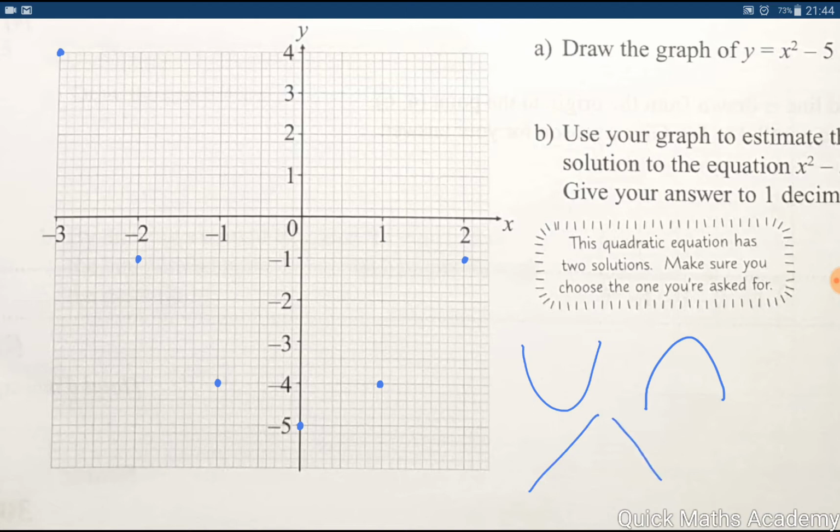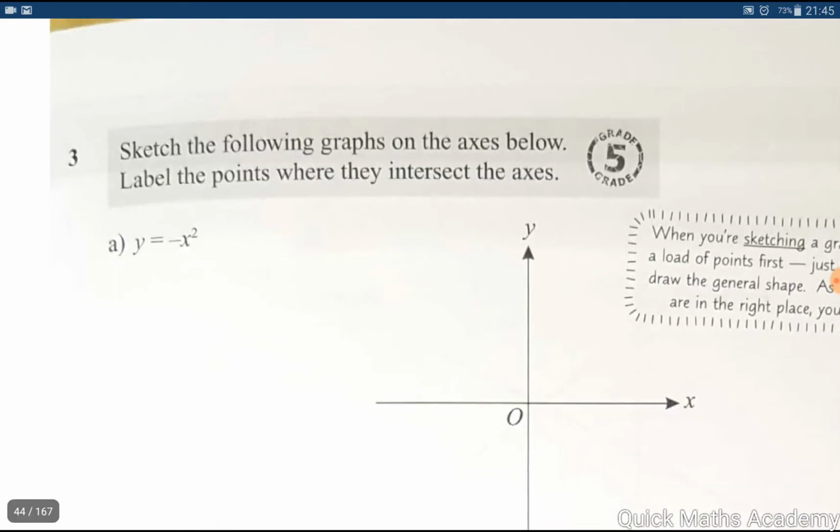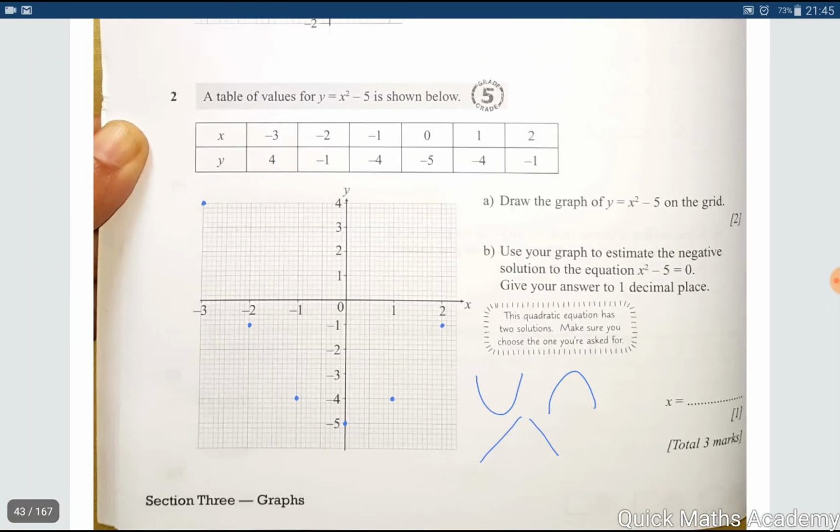That will be completely wrong. The examiner will know that you don't know what a quadratic equation is and what the shape of the curve is. So you always gotta do this concave shape. Okay, let me just wipe this. Whoops, sorry for that.